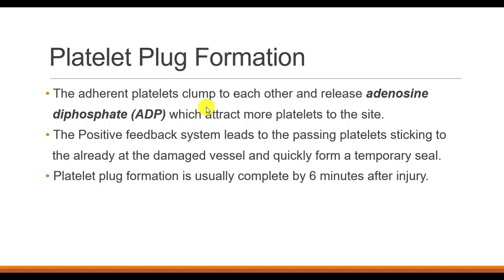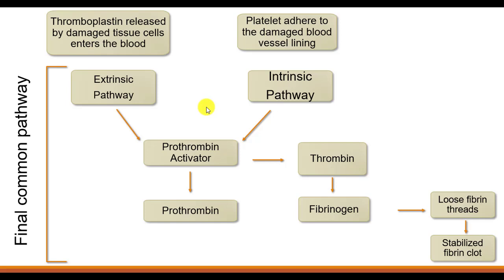This temporary seal is formed within about 6 minutes after injury, and this is called platelet plug formation. This is the second step. If I move to my third slide, I want to talk about the coagulation process, and this is very interesting, and it is represented in a pictorial diagram on my slide.